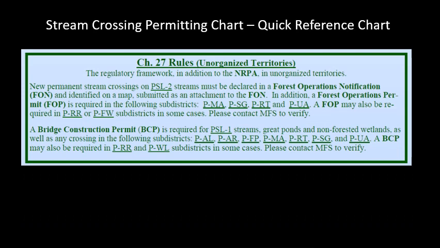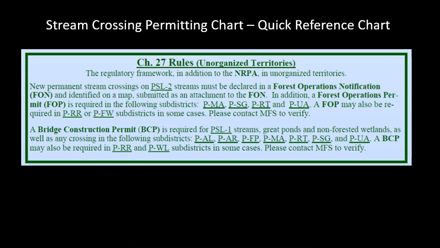Now moving on to Chapter 27 rules, those that apply in the unorganized territories. Technically the NRPA also applies here, but as many of you probably know, these rules look a lot different than those NRPA permitting requirements. You see that it really depends on what subdistrict you're in or what kind of water body you're crossing.